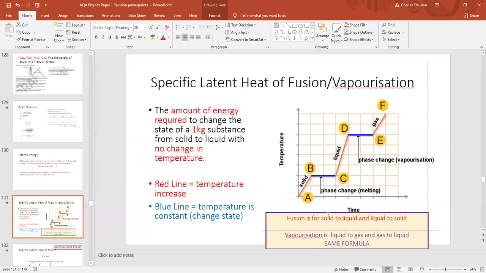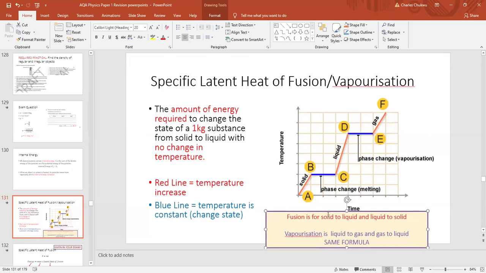So what's here? Let's look at specific latent heat of fusion and vaporization.